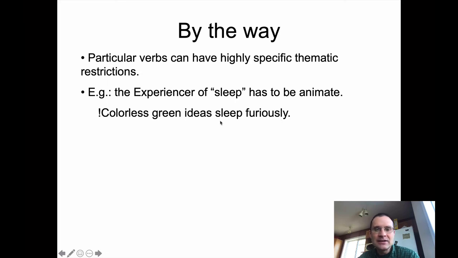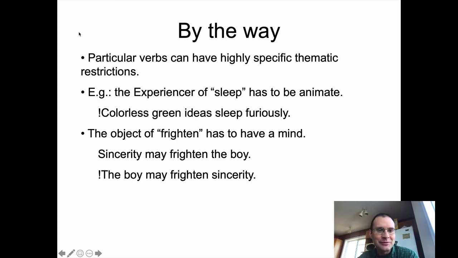So ideas can't sleep because ideas are not living things as we normally think about them, right? Like animals or humans. The object of frighten has to have a mind, some ability to be frightened.